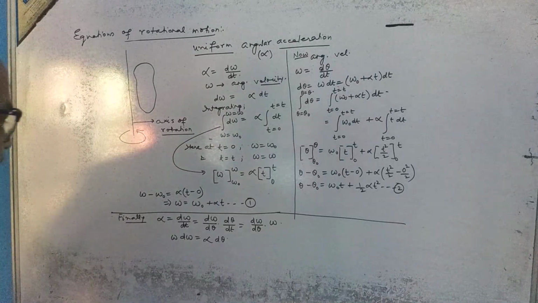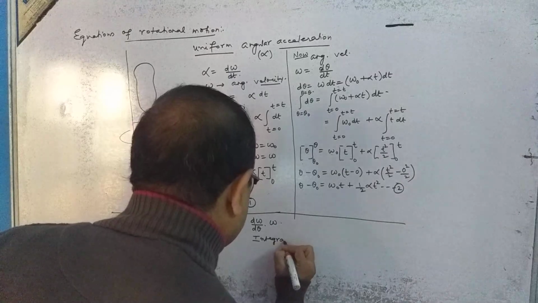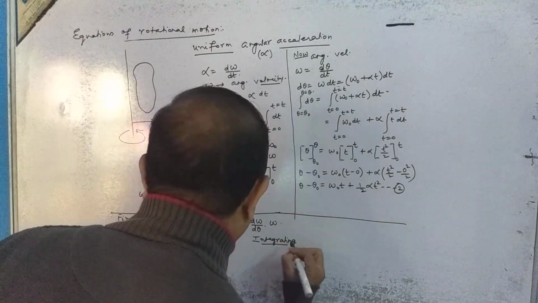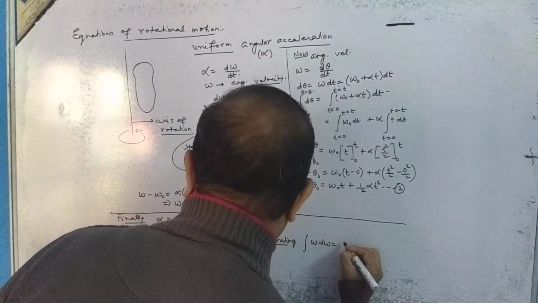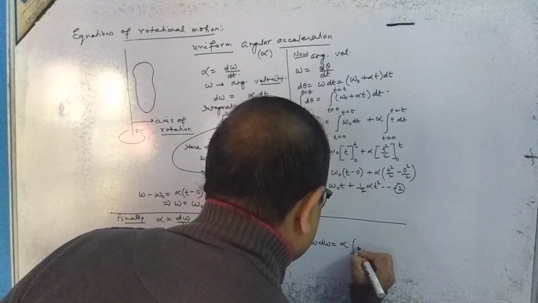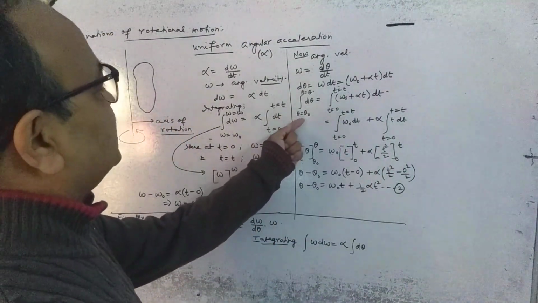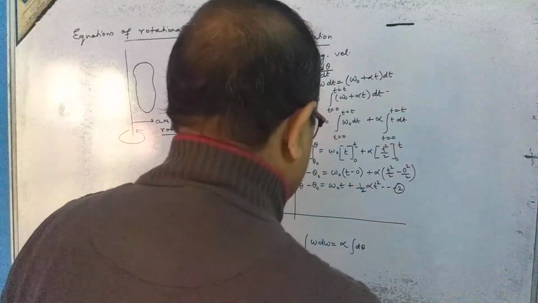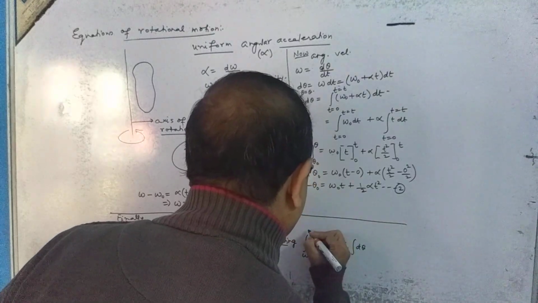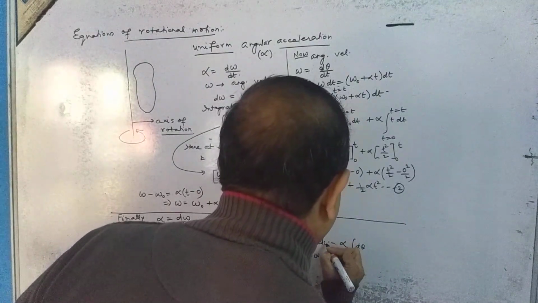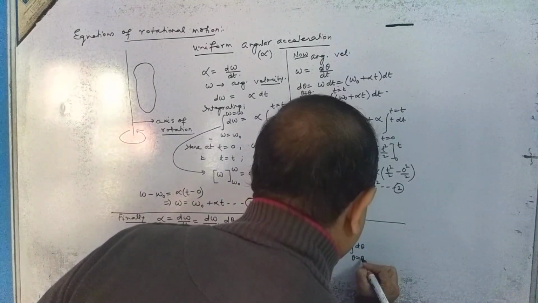Again, I will integrate it. On integrating, what shall we get? The integration of omega d omega equals alpha, taken out, times d theta. At t equal to 0 the angle is theta naught, and at t equal to t it is theta, so the corresponding limits are omega from omega naught to omega, and theta from theta naught to theta.